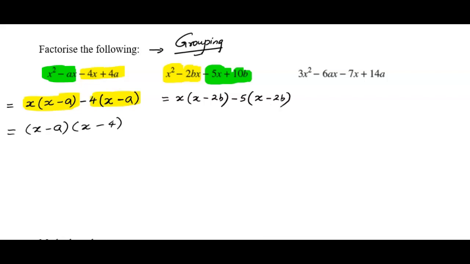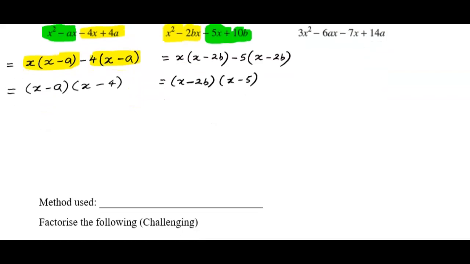And again, we have reached a step where we have two terms with the common factor being the bracket x minus 2b. So if we take that out, we're going to be left with x take away 5, and that completes the factorization of that example. I'm not going to go through the third example because it's very similar. You group the two terms and then end up factorizing it with the help of the grouping process.